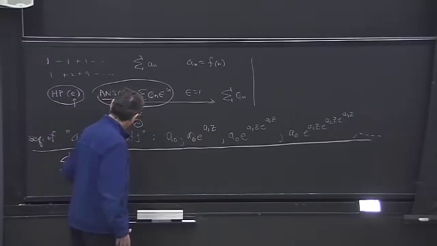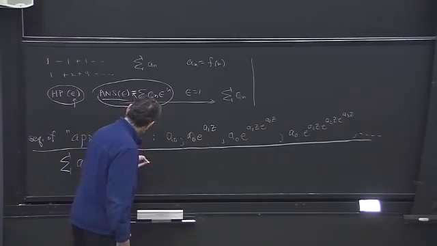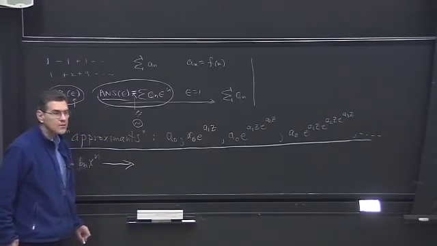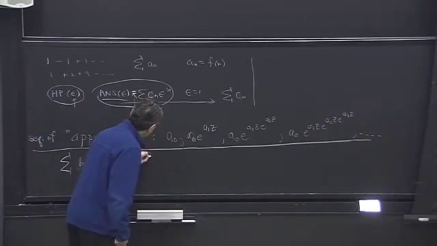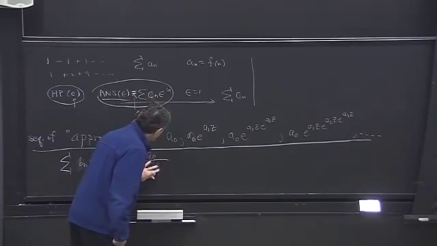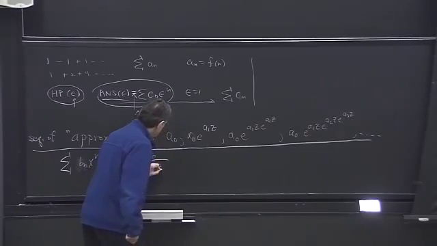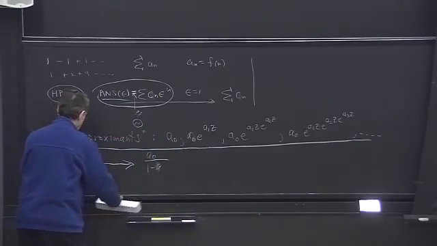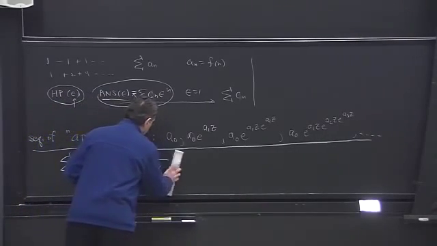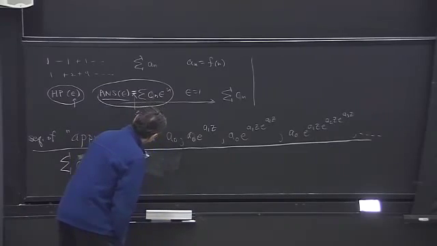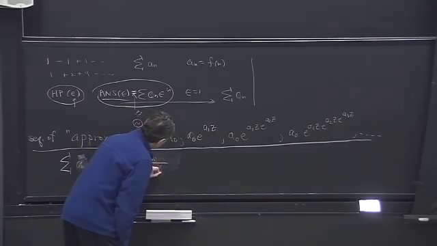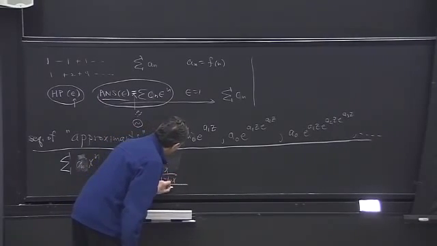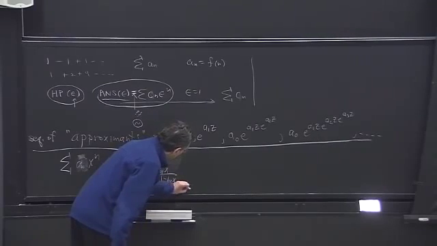A continued fraction is something of the form, let's call these coefficients b sub n. So this is b0 over 1 minus b1x over 1 minus b2x over 1 minus b3x, and so on.